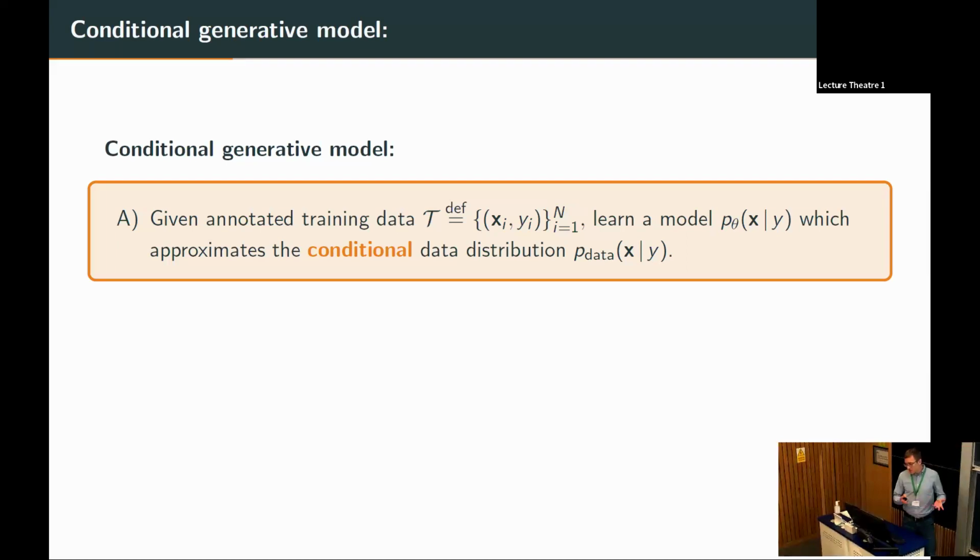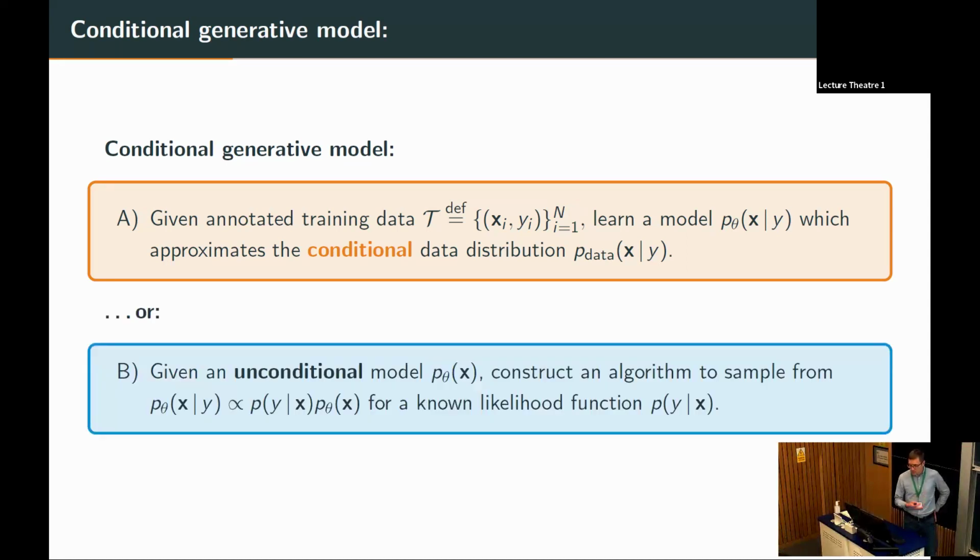Conceptually it's the same problem, but it's also more difficult, because it could be that for each value of Y, we observe a single corresponding X value. So we need to, in some way, interpolate between the different conditioning variables to find this conditional distribution. That's one flavor of this problem.